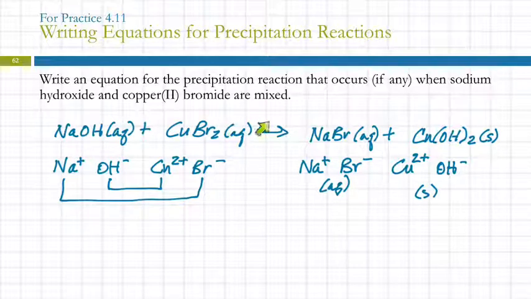I have 1 hydroxide, and over here I have 2 hydroxides. So I need to put a 2 in front of sodium hydroxide. So I have 2 hydroxides here and 2 hydroxides there. But that changed the sodiums. Now I have 2 sodiums and 1 sodium, so I need to put a 2 over here as well. 2 sodiums. Then I have 1 copper and 1 copper. I have 2 bromines and 2 bromines. And there's the equation.